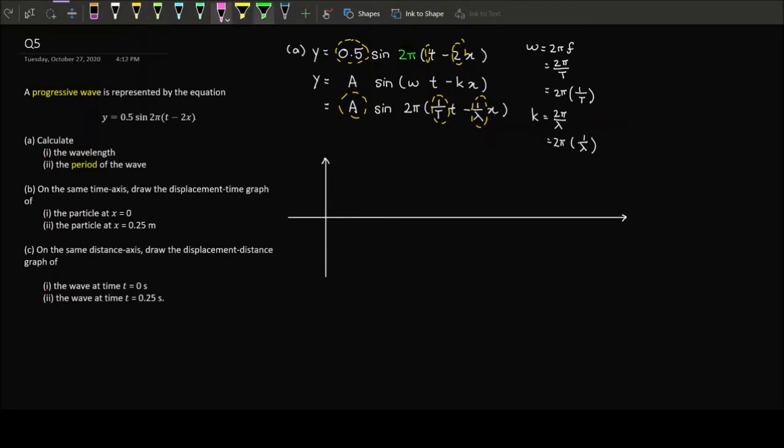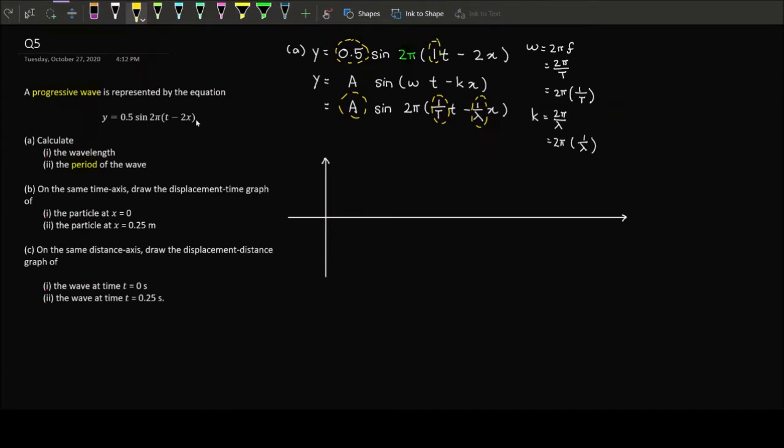If you are not sure what I mean by this empty space, I should probably write it in the form which might be more understandable. So instead of writing t straight away, probably you can write it as 1t. 1t is the same as t, right? So 1t minus 2x. Now the structure is identical, so you can do a direct comparison.